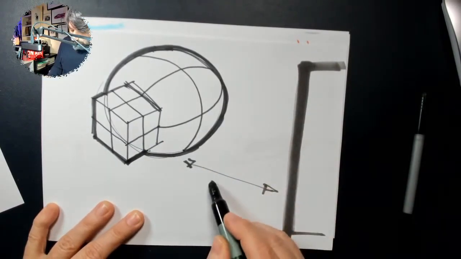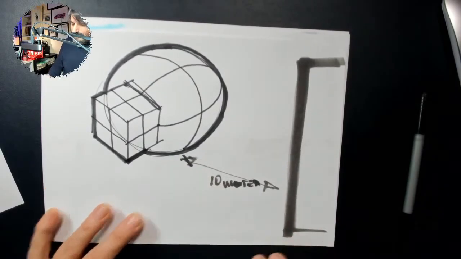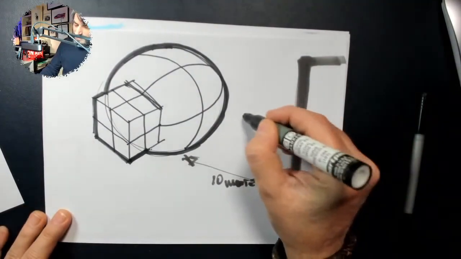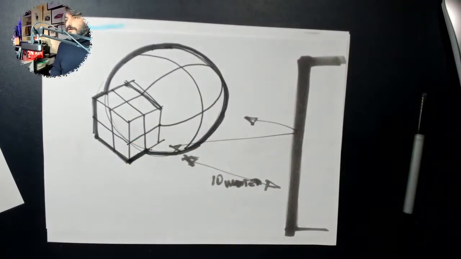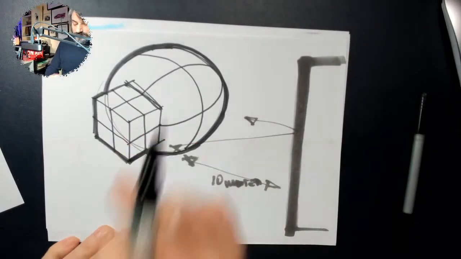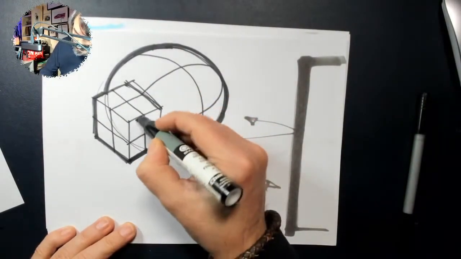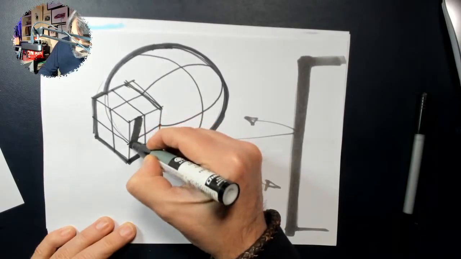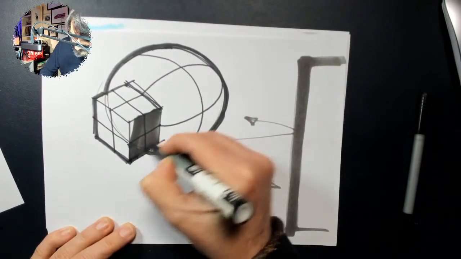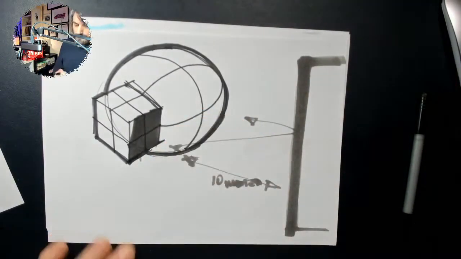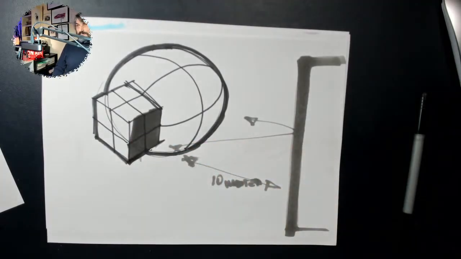At least, I don't know, 10 meters far. So this building is reflecting into the sphere and is reflecting also into the cube, a part of the cube, that surface. So in this surface, the building probably will be like this. You see? That's the building reflecting there.